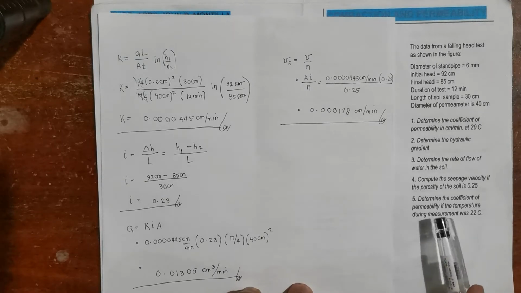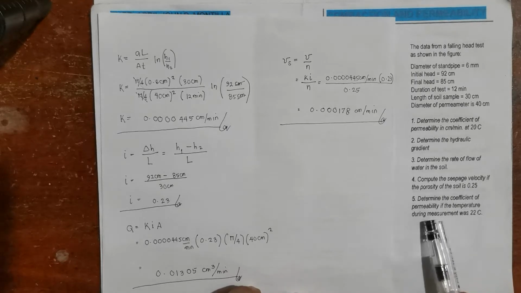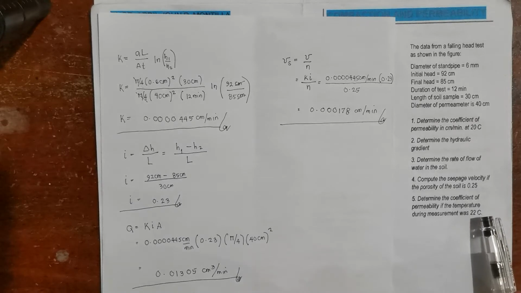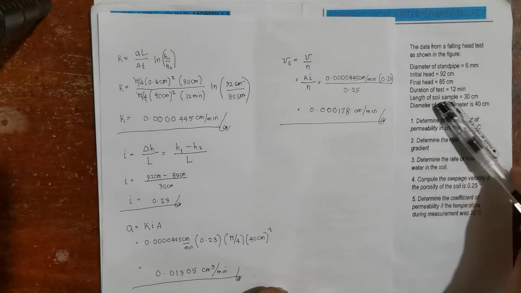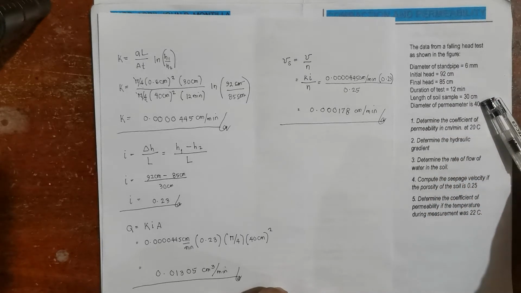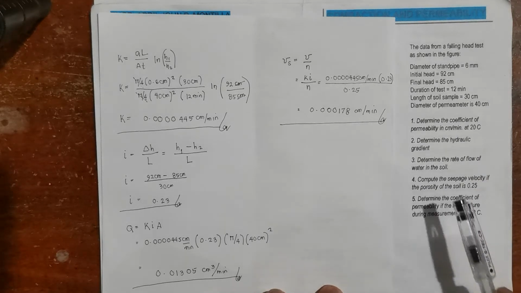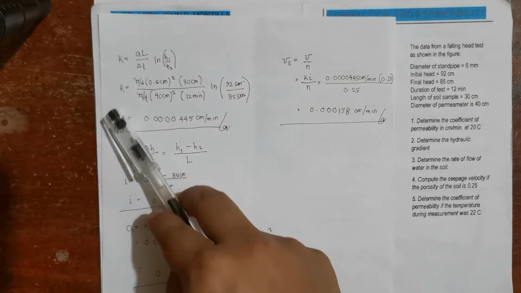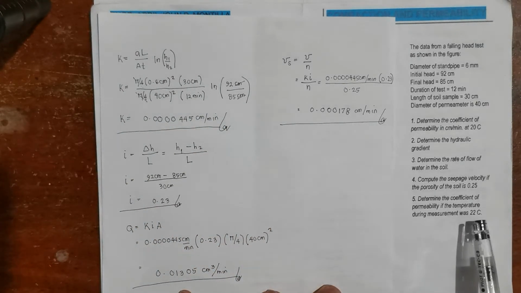And then the last requirement is to determine the coefficient of permeability if the temperature during measurement was 22 degrees Celsius. Okay, so meron tayong temperature correction na gagamitin dahil when conducting this laboratory test, dapat ang baseline temperature natin ay 20 degrees Celsius. So, ibig sabihin, na-compute natin dito na value ng K or hydraulic conductivity ay hindi siya naka 20 degrees Celsius. Naka 22 degrees Celsius siya.